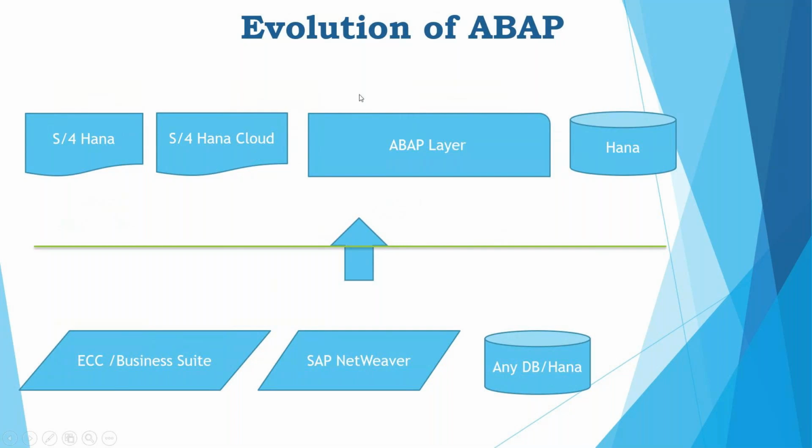The app layer is going to play the key role in developing applications in S/4HANA on-premises, S/4HANA Cloud, and HANA database systems, which is available in BTP. Using this ABAP layer, you can develop applications in S/4HANA, S/4HANA Cloud, and also in BTP. So total innovations are happening in the ABAP layer itself.